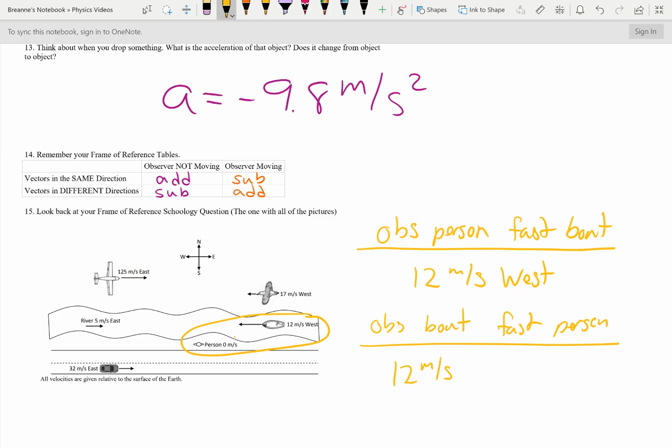But since the boat is traveling west, it seems like the object is moving east. When a moving object is passing a non-moving object, your direction flips. Think about when you're driving the car and you're looking out. It looks like the trees are going behind you. I know you're moving, but it looks like the trees are going behind you. So your direction flips.